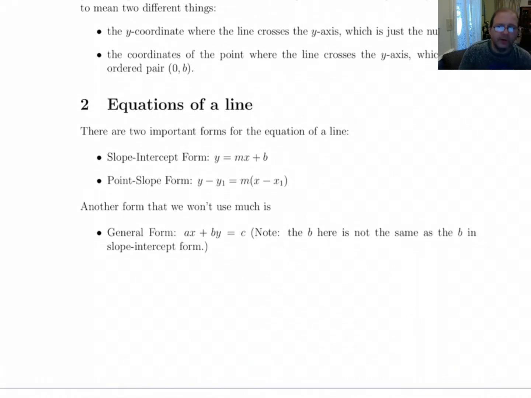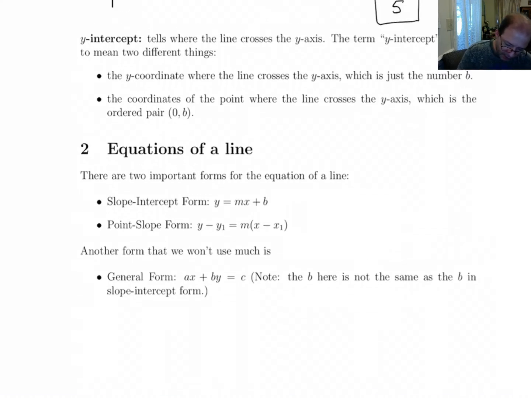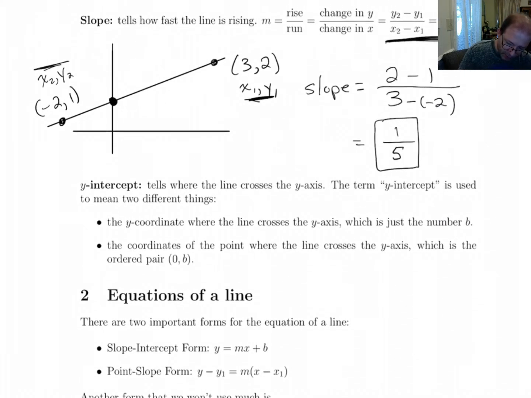There are two important forms of the equation of a line. There's one that everybody thinks of when you think of a line, y equals mx plus b. That's called the slope-intercept form because the slope is m and the y-intercept is b. And another one is the point-slope form. Point-slope form comes immediately from the definition of slope.